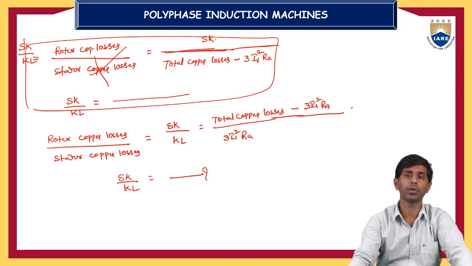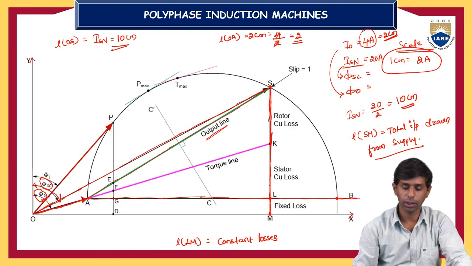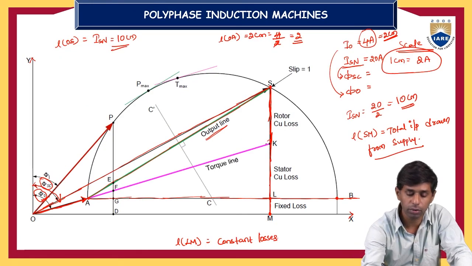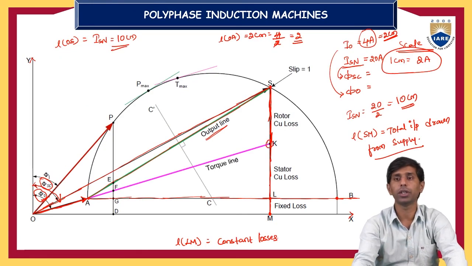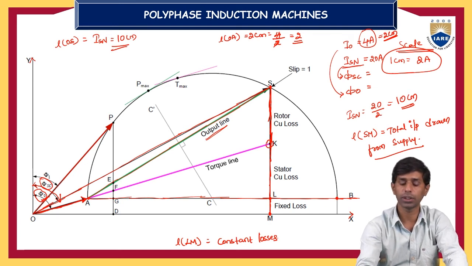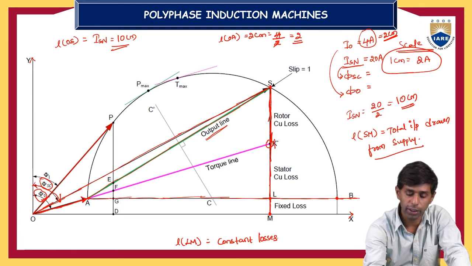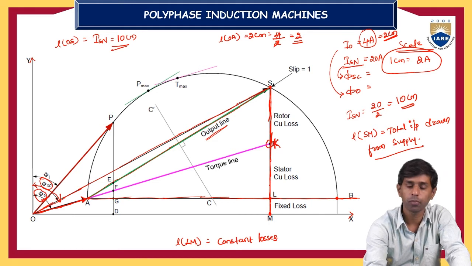By this formula you have to calculate the ratio of SK by KL, and according to that value you have to split into two parts, that is, the length of SK represents the rotor copper losses and the length of KL represents the stator copper losses. So after identifying this point K, you have to draw a line between A and K. This is a line.